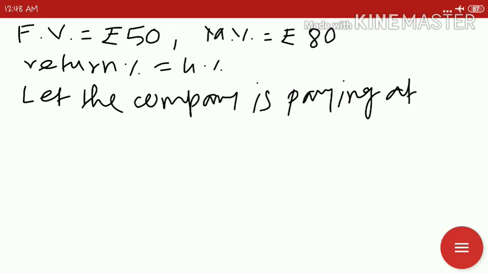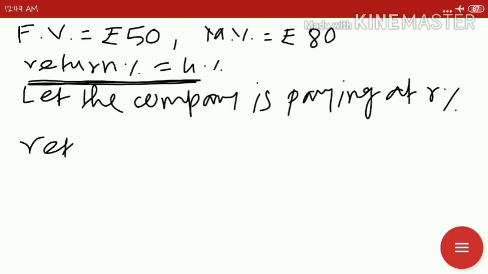at R%. So out of those three important formulas, you can see that return percentage is given. So now we are going to use that formula and find out the R percentage. Look closely.